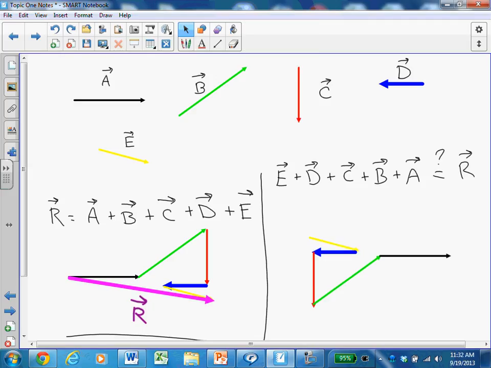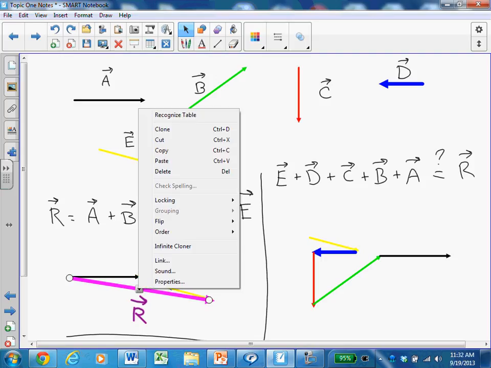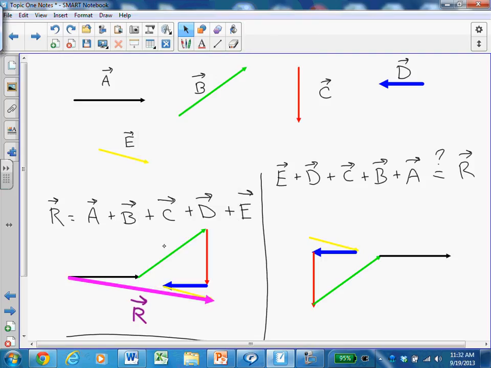And then let's see, Tyler, see if R, it's the same R. So we started at the yellow E and ended at the black A. Oh, wait, no, move it. We started here, I'm sorry. I infinite cloned it, but I could do it that way you were doing. Now it's good.